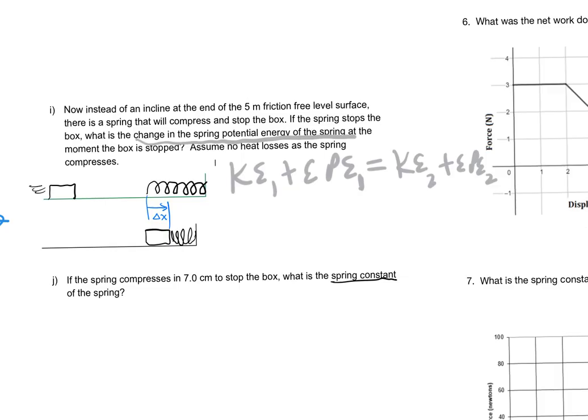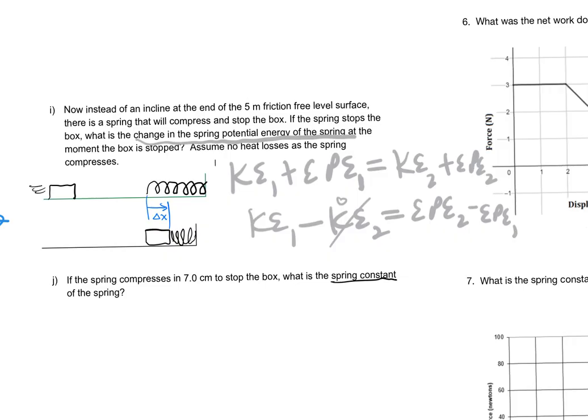Okay, so I'm looking for the change in EPE. So KE1 minus KE2 equals EPE2 minus EPE1. I know that KE2 is 0.